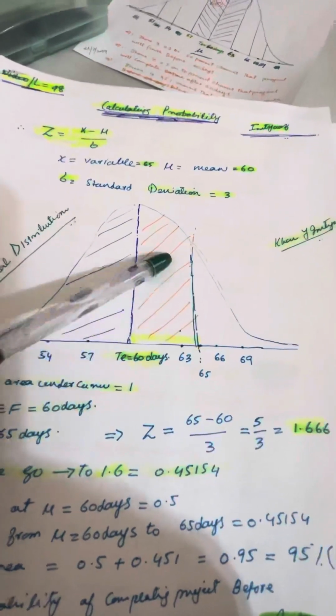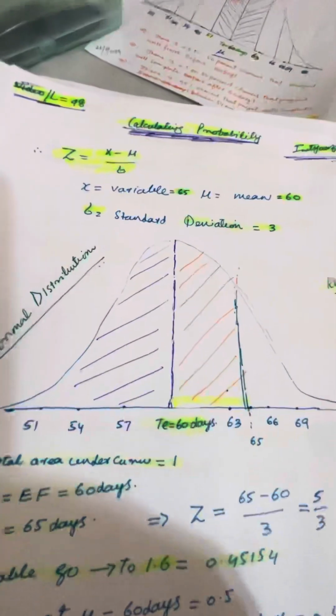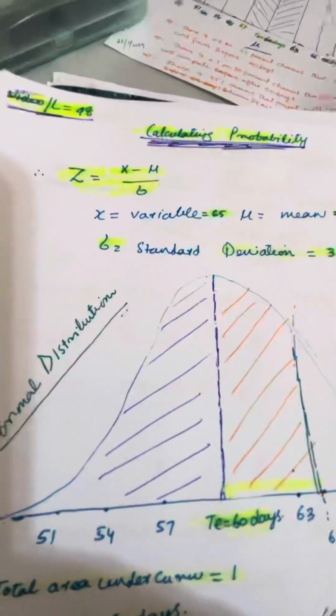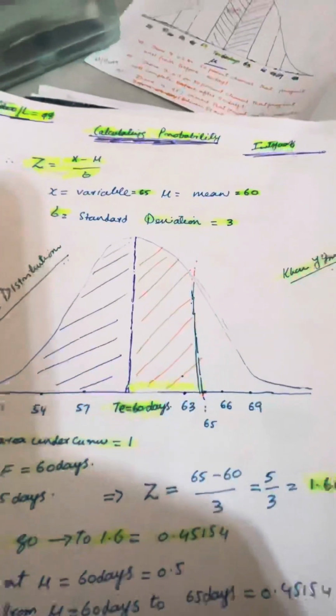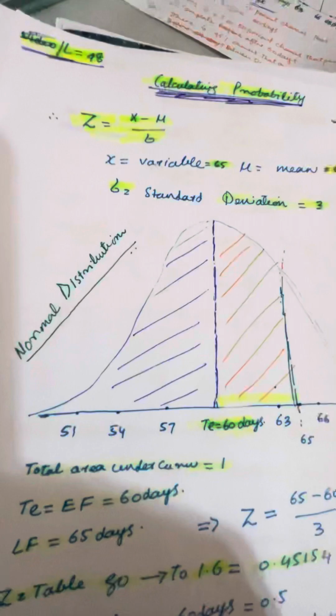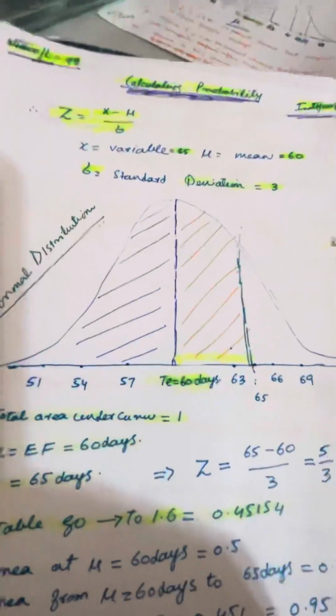You calculate this using z equals x minus mu divided by sigma, where x is the variable, mu is the mean, and sigma is the standard deviation.